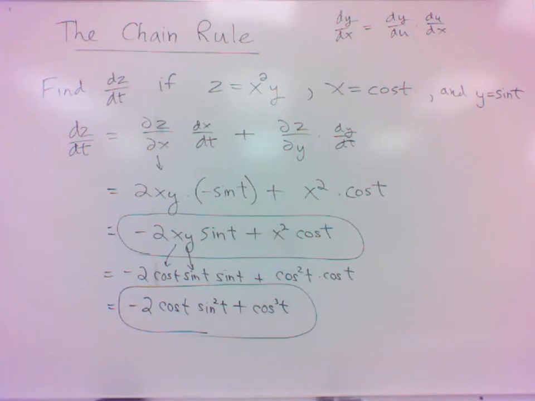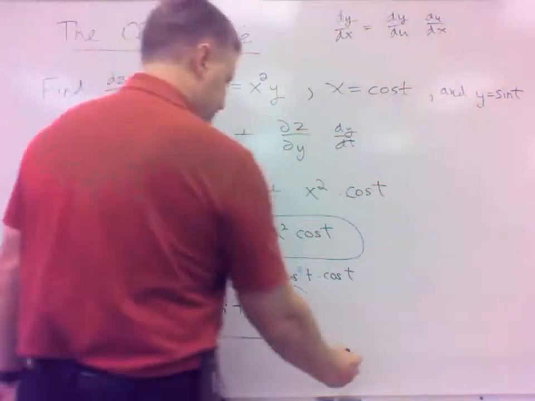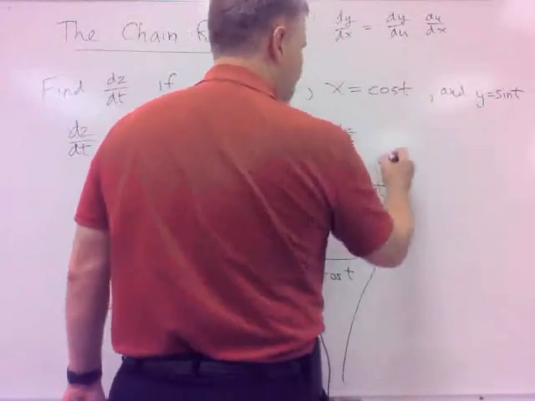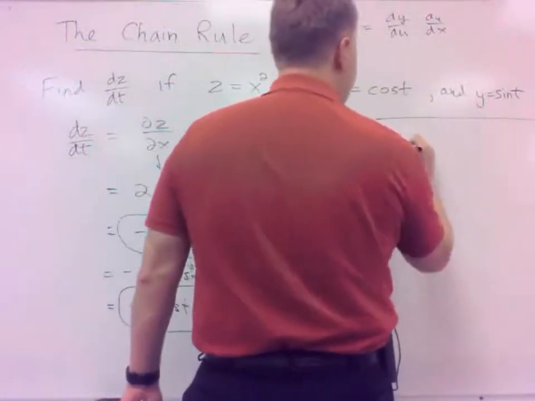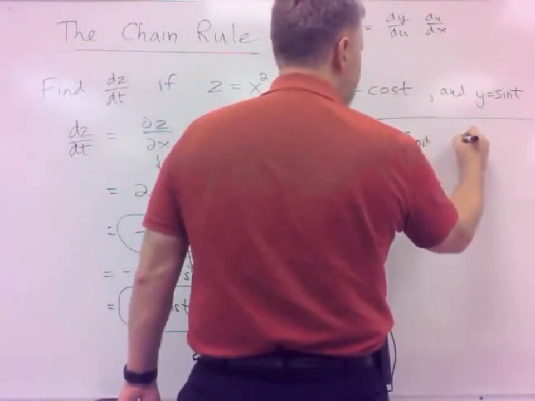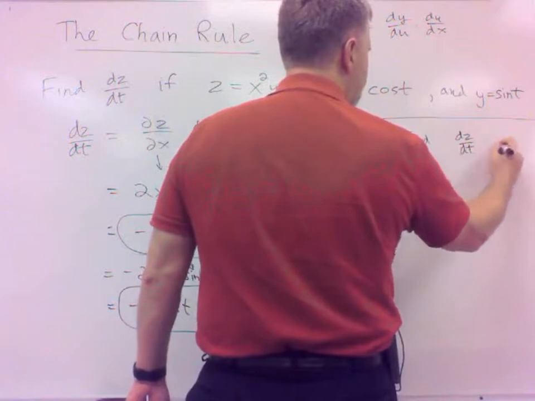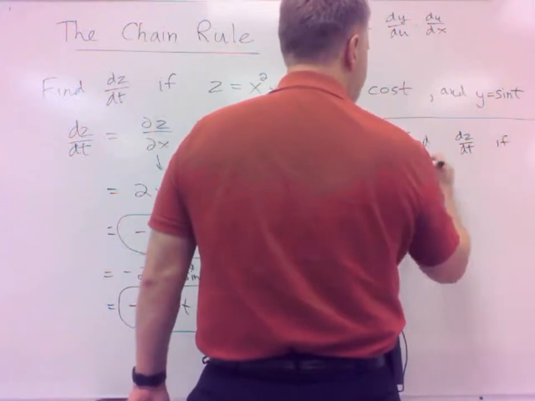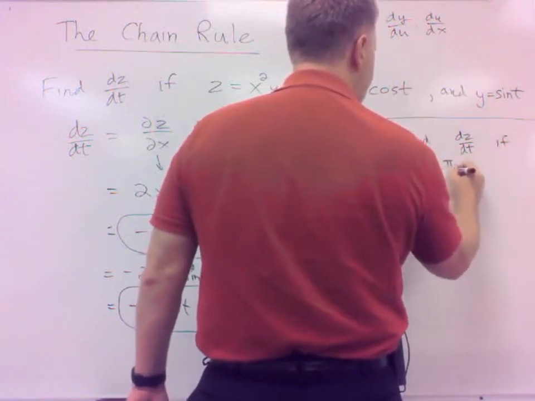All right. Now, one other thing that we could do here is then, of course, find dz/dt if t equals pi over 3.